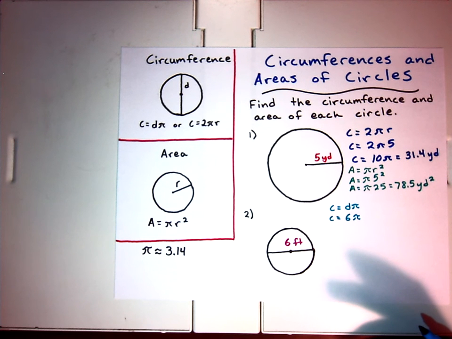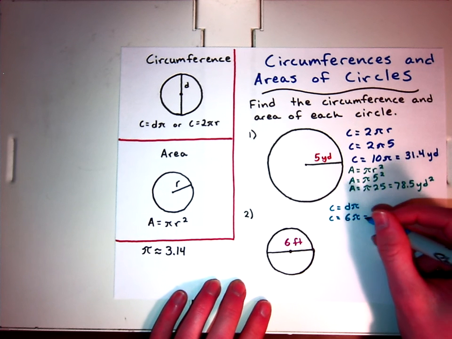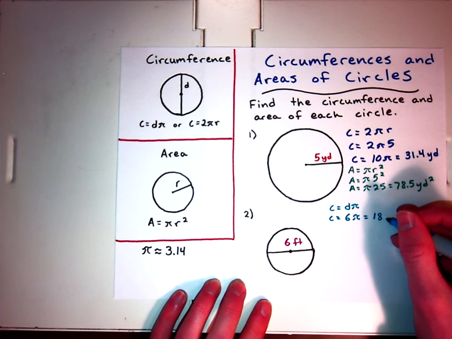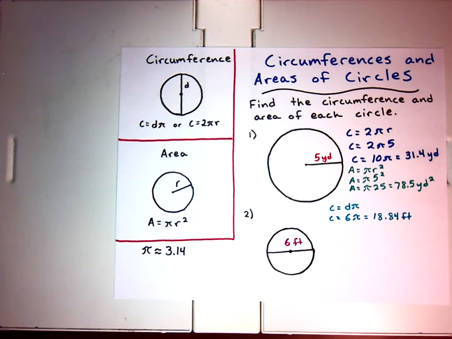But we're going to multiply that out. 6 times 3.14 is 18.84, and this one is in feet. Now you ask yourself, do I need to do feet squared? The answer is no, because the circumference is just a distance. It is the distance around the circle. So I leave it as feet.